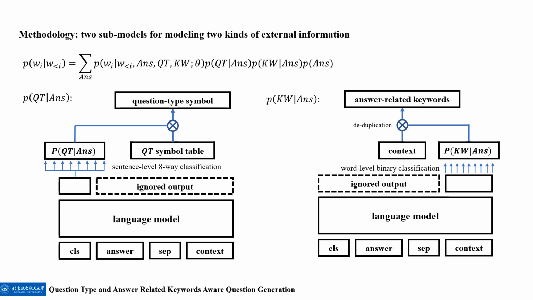The question type submodel predicts the conditional distribution of 8 question types through an 8-way classification layer over the representation of the CLS token, while the keyword submodel predicts which words are keywords in a context related to the answer through binary classification on the representation of each context token.